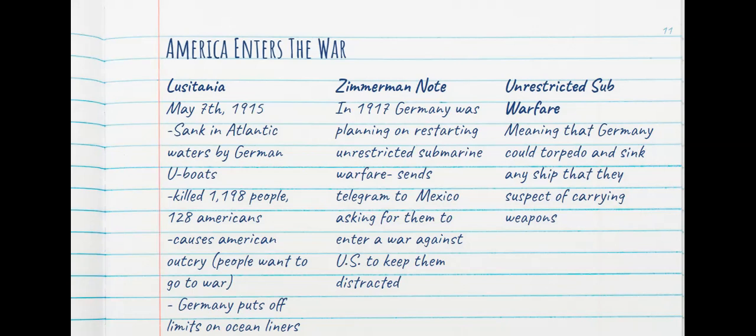The RMS Lusitania is an ocean liner, a passenger ship. On May 7th, 1915, it is sunk in Atlantic waters by German U-boats. One of the newspapers had been given an ad by the German embassy saying, don't ride on British ocean liners, they could be sunk.